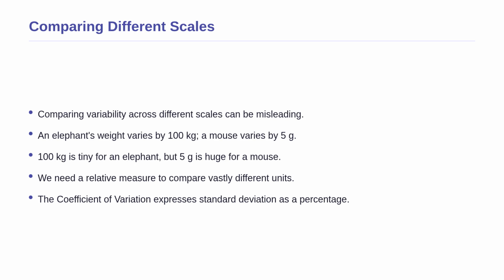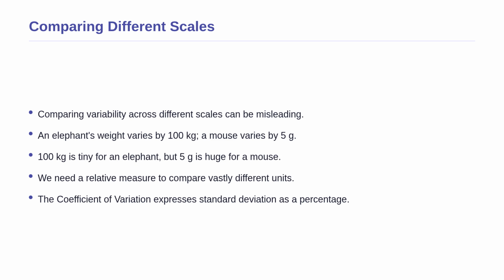Now that we have measured absolute spread and precision, we face a new problem. Suppose you are comparing the variability of 2 completely different things, the weight of elephants and the weight of mice. An elephant's weight might vary by 100 kilograms, while a mouse varies by only 5 grams.